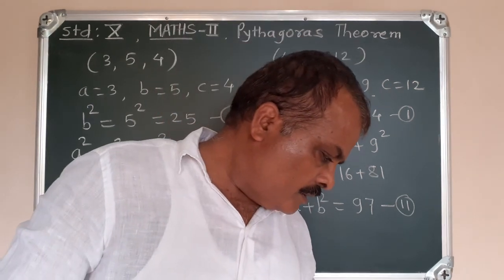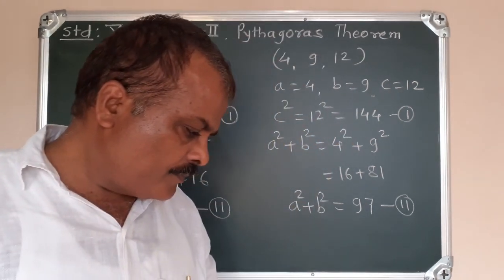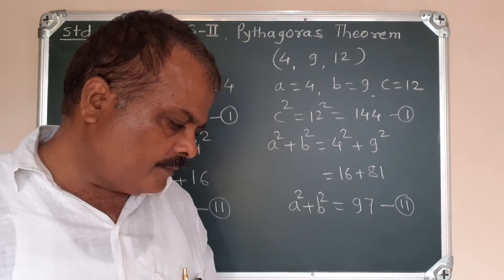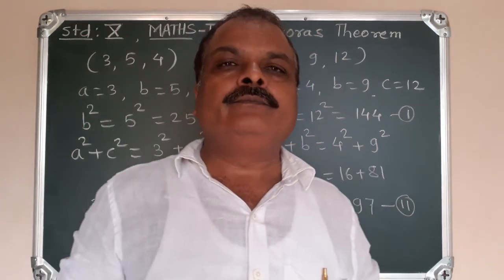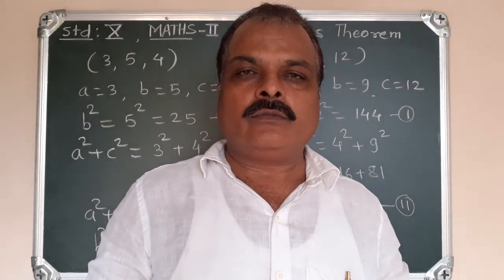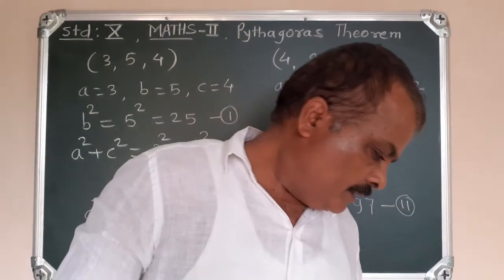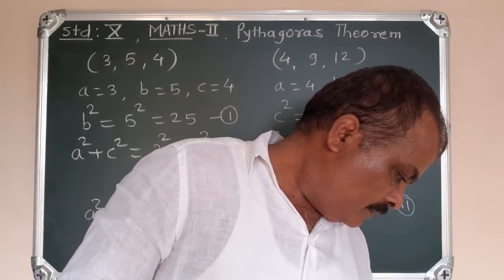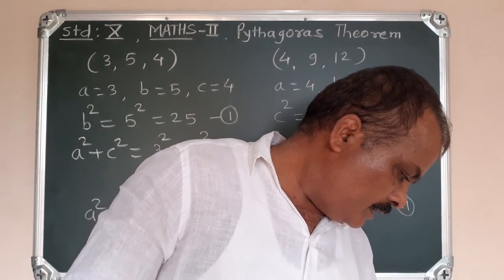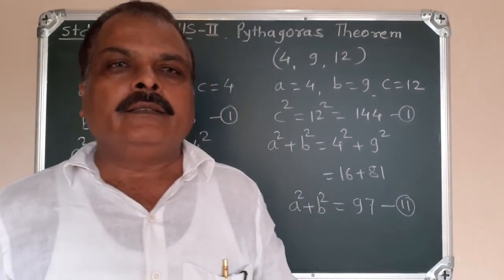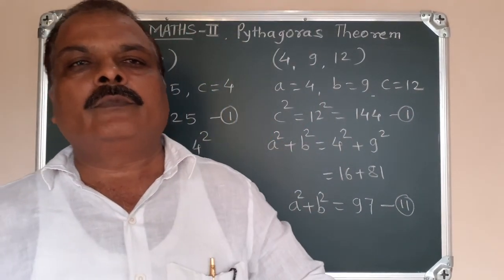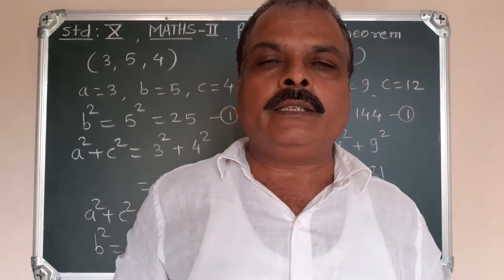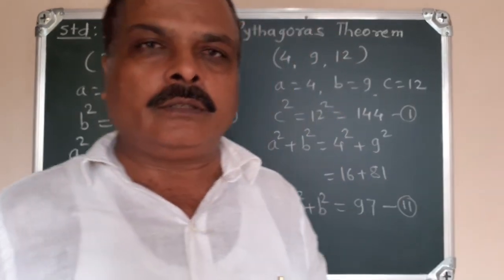Like this, you can solve all these examples in practice set 2.1, in the first question. They have given 6 examples. Triplets are given. You have to decide whether that triplet is a Pythagorean triplet or not.